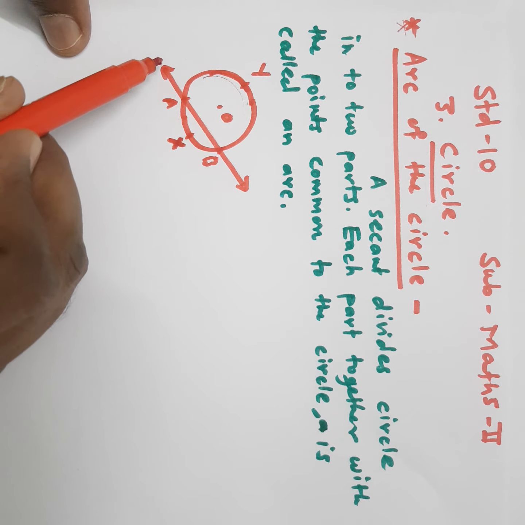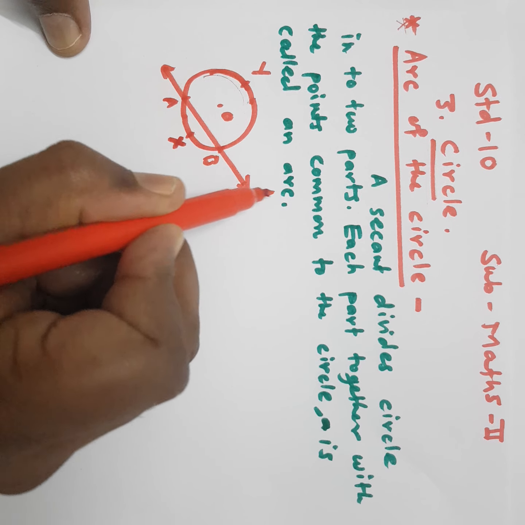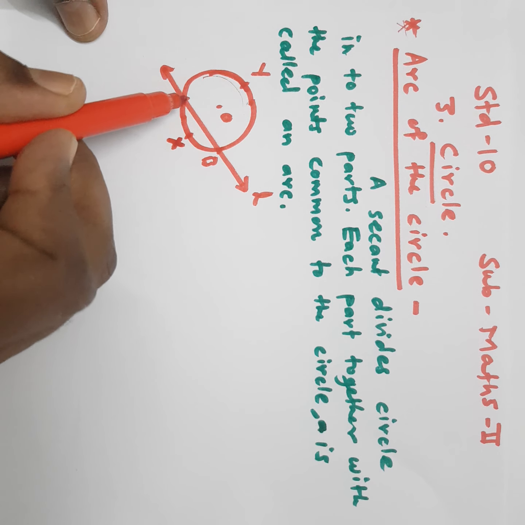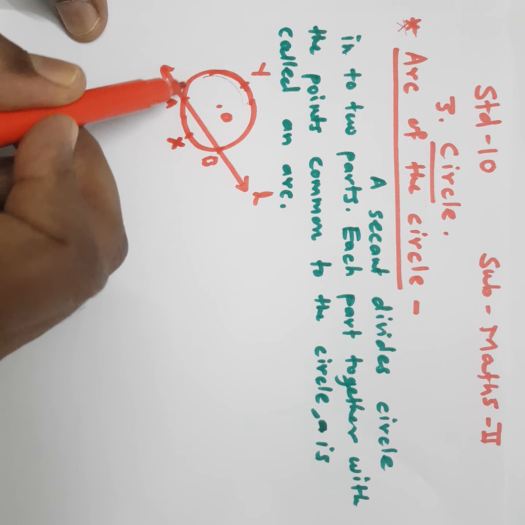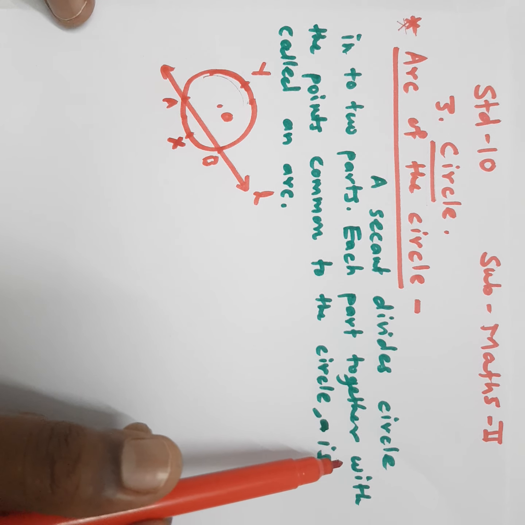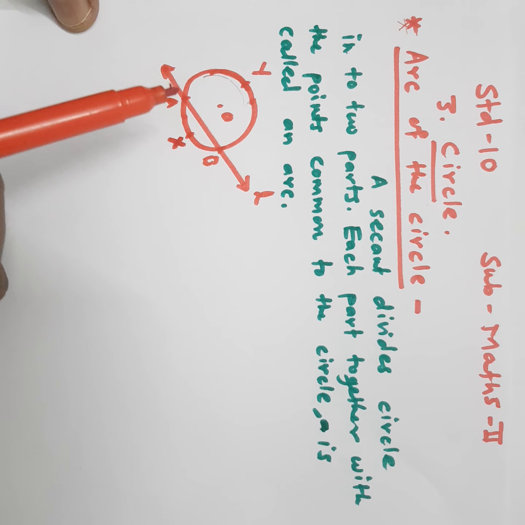Now due to this secant L, the circle is divided into two parts. The first part is AXB and the second part is AYB. These two parts are called arcs.